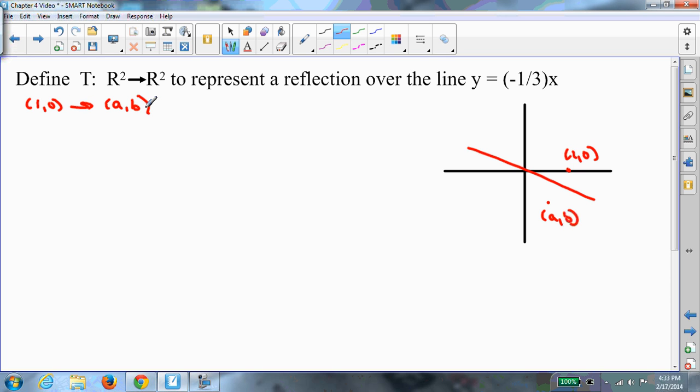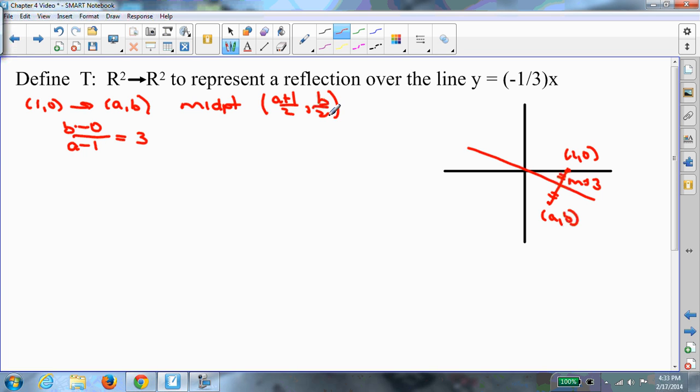And now we want to look at the properties of reflection to help solve for A and B. For example, I know the slope here would have to be 3. So that means B minus 0 over A minus 1 has to equal 3. I also know the midpoint has to be on the line. So the midpoint would be A plus 1 over 2 and B over 2.